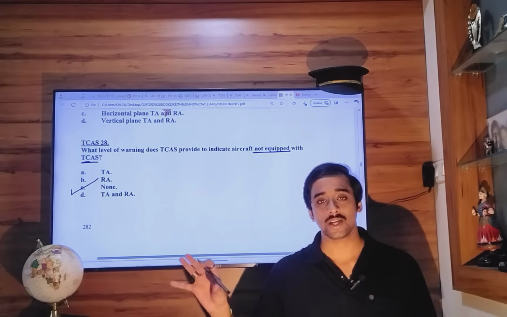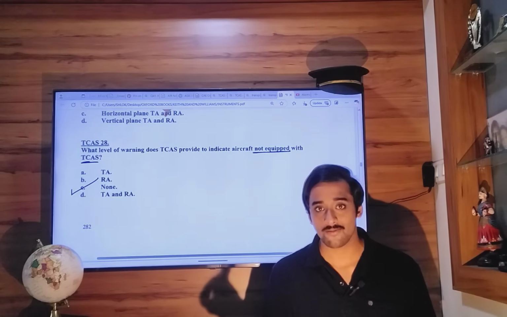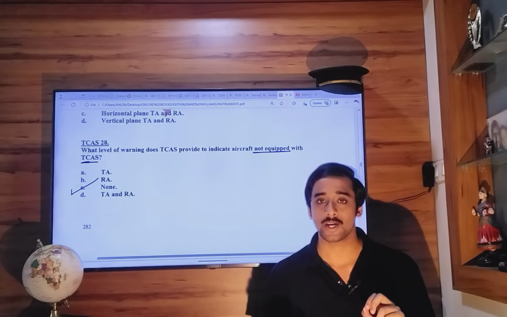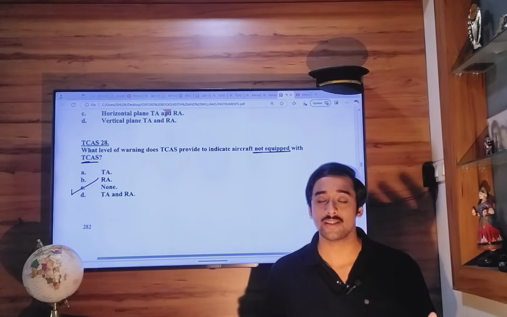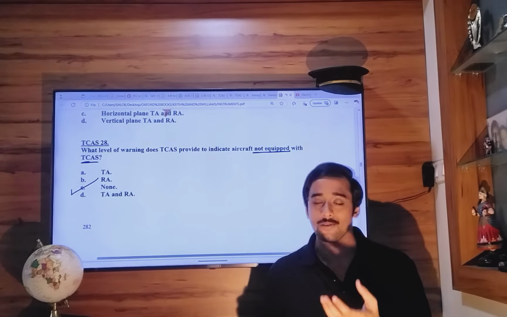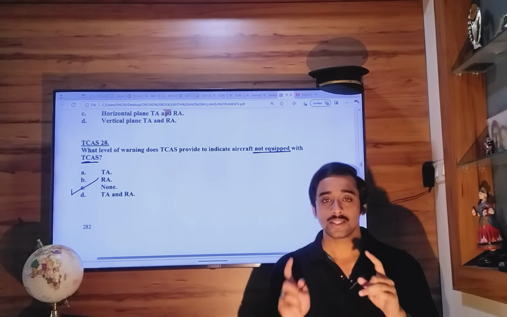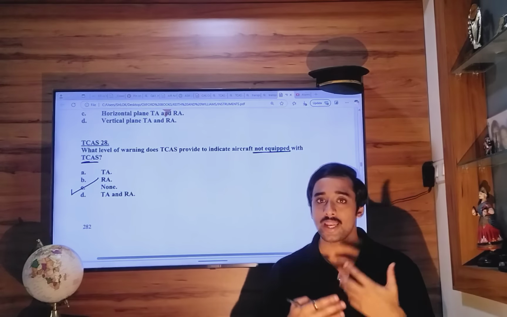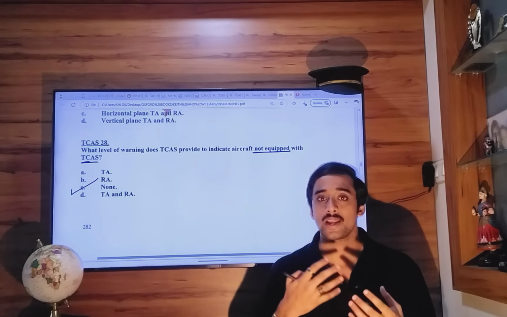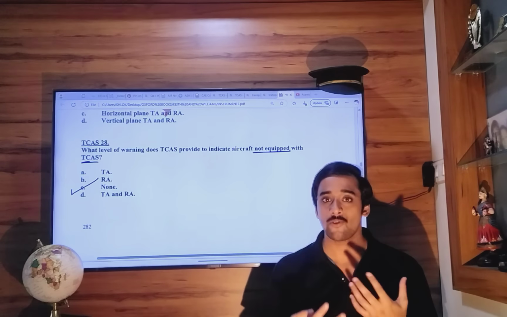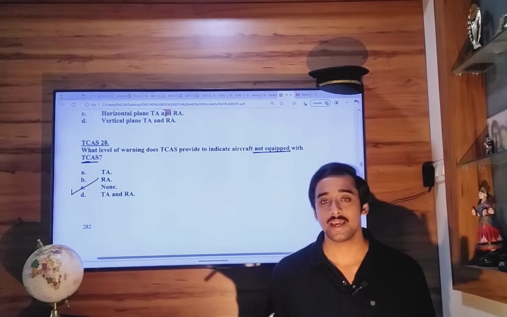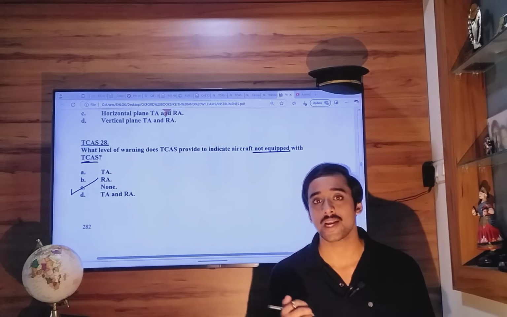If the conflicting traffic is not equipped with TCAS equipment, the transponder in your aircraft cannot communicate with that particular aircraft, since it does not have the specific onboard equipment required for successful air-to-air communication between two transponders, to coordinate the maneuvers and get to know their relative bearings and relative altitude, right? So if you don't have that, you cannot get any relevant information from that conflicting traffic.